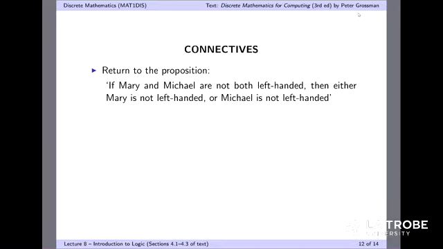Okay, return to the proposition. Now we'll try to write them in sort of symbolic form. If Mary and Michael are not both left-handed, then either Mary is not left-handed or Michael is not left-handed. This is called a compound proposition because you are writing them in a combination form.